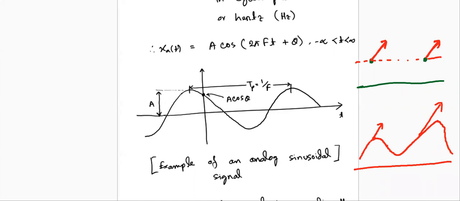If this is a signal, probably I can make the point clear. Of course, this point B and point A are not in the same phase. But if I draw this like this, they are in the same phase.